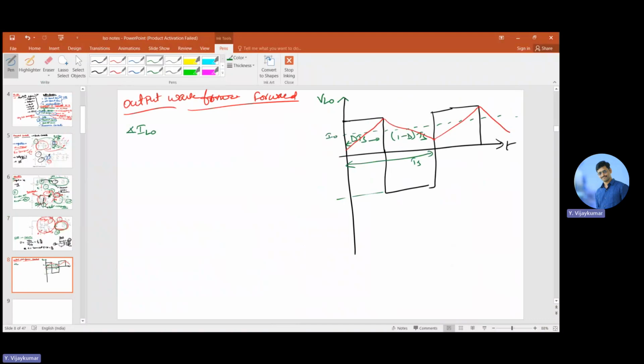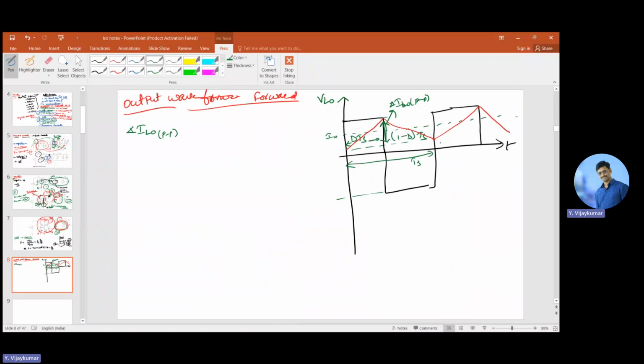From this, if I want to find the peak to peak value of delta I naught, which value do we take? Here, this is a negative peak and this is a positive peak. This value we call delta IL naught peak to peak.